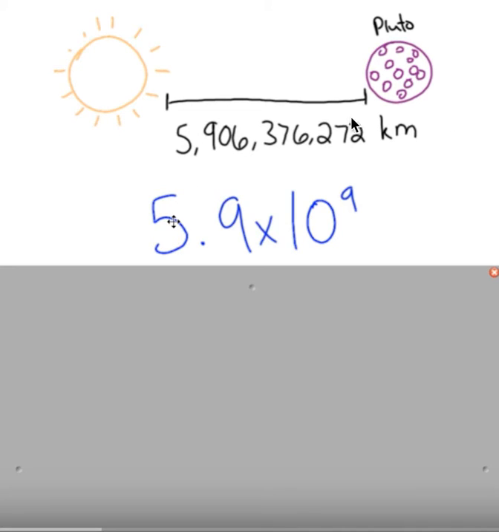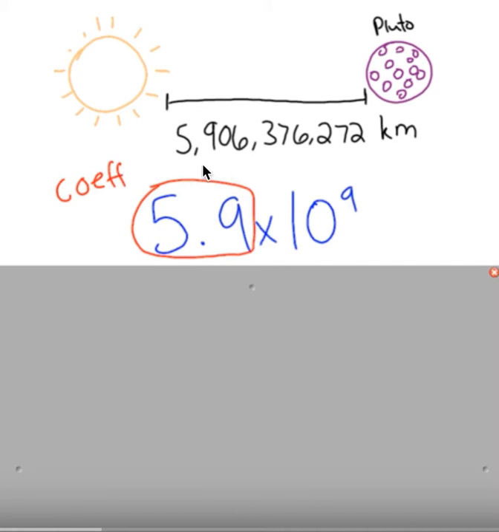So basically what we did was we took out all of these numbers, we disregard these numbers, and we're just taking into account the most important numbers here, which is that we're saying that it's 5.9 billion kilometers from the sun.